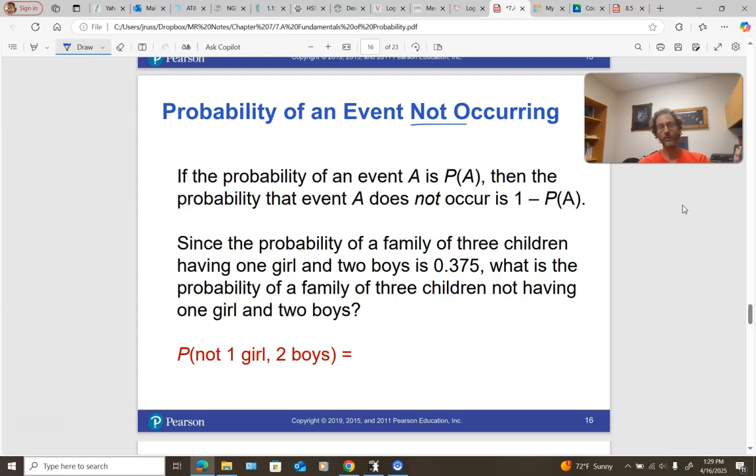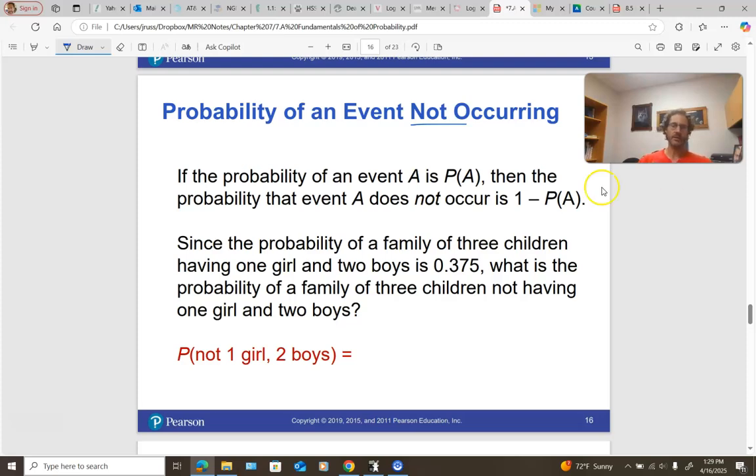It'll either rain or it will not rain. So if the probability that it does rain is 30%, then 100% minus 30% leaves 70. And that would be the probability that it does not rain.